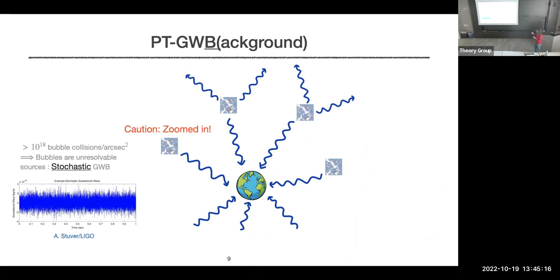And I do want to caution that here I have really zoomed into this picture of bubble collisions, because in a very small patch of the sky today, there will be a ridiculously large number of bubble collisions actually happening. So what you're getting is an incoherent superposition of gravitational waves from all these bubbles. So we are not actually resolving these bubbles. The bubbles are not resolvable, but they give you gravitational waves which will track large density fluctuations of the plasma, as we'll see.